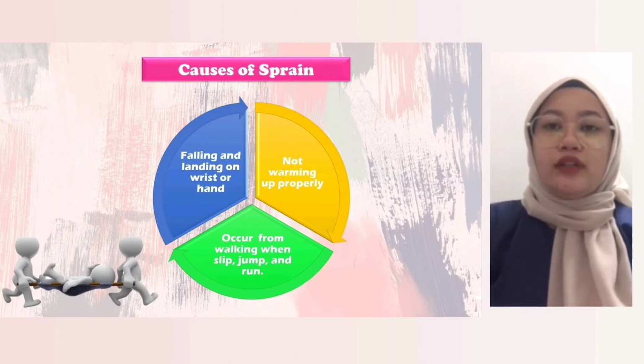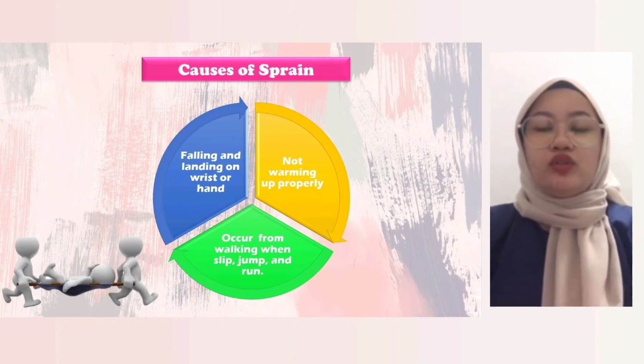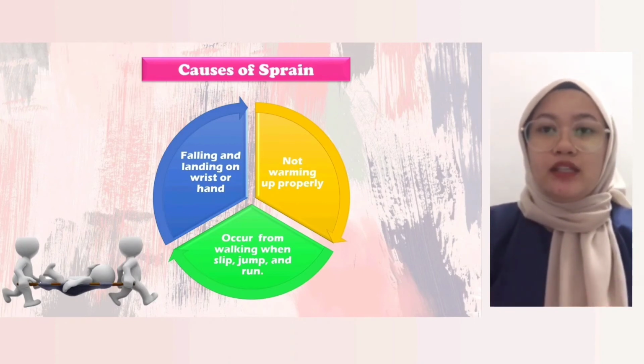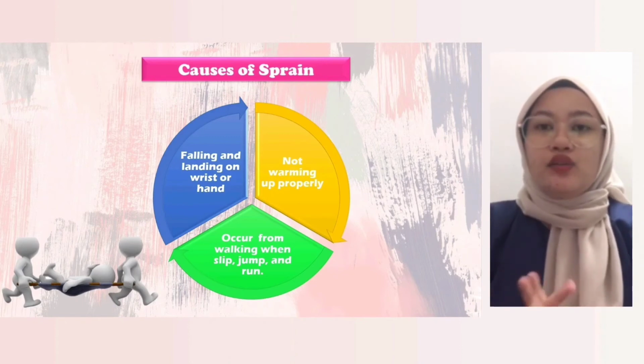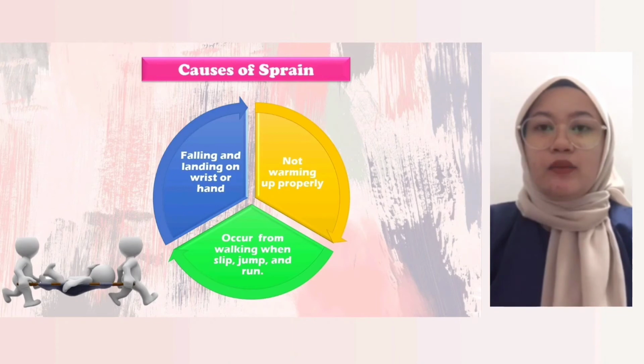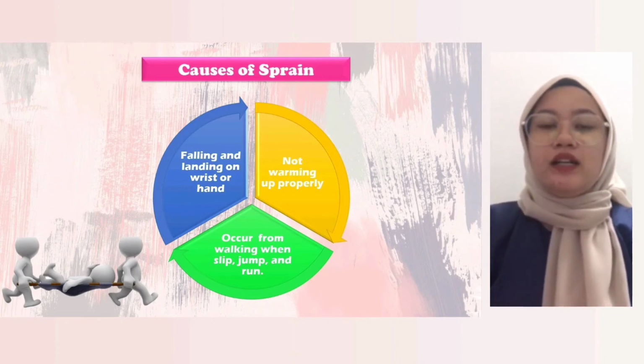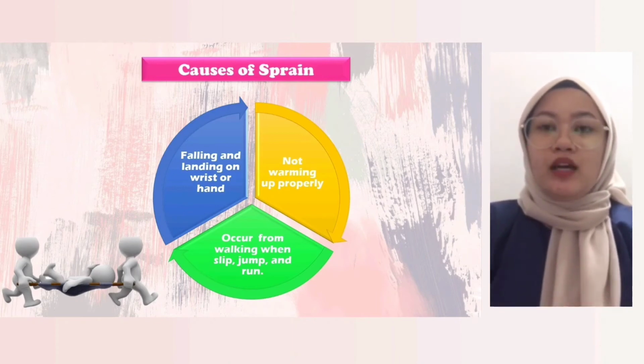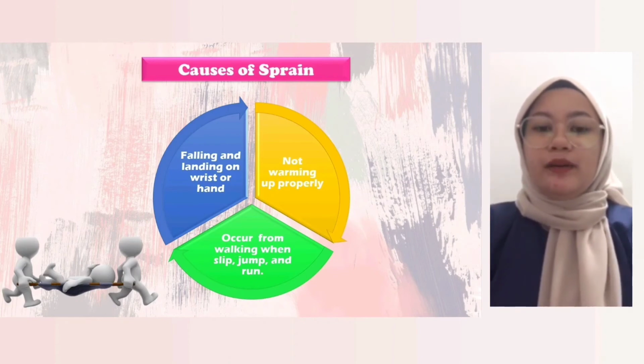When you do not warm up before physical activity, your muscles are not ready to work properly, and your muscles will be shocked by the movement that you do, and it will lead to sprain.